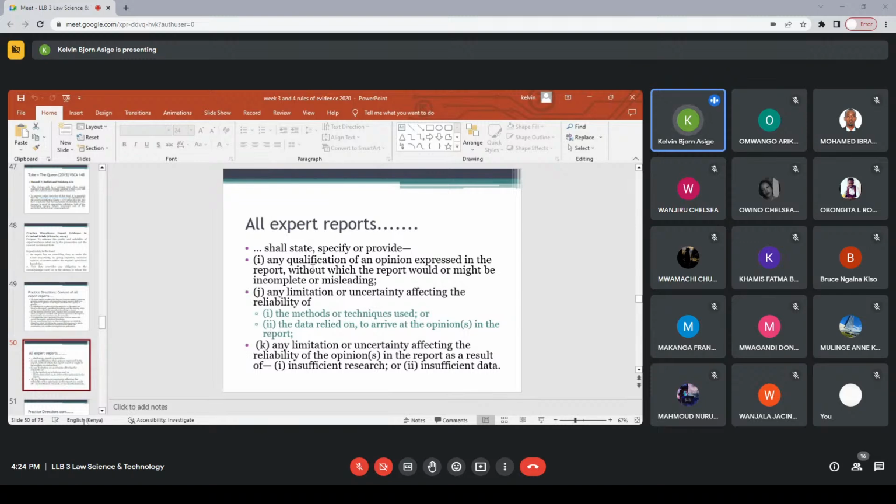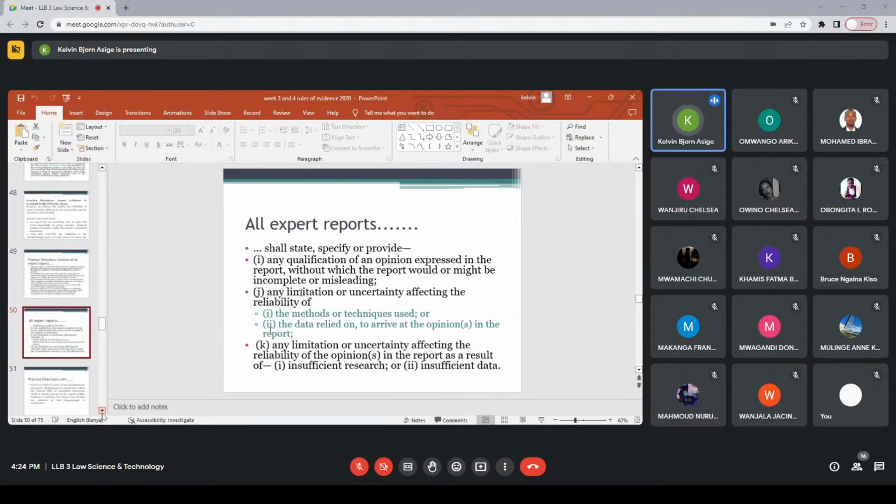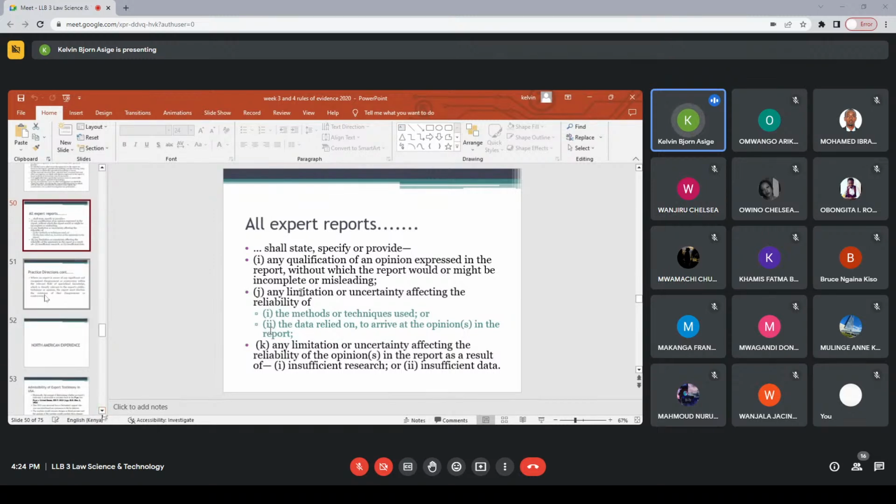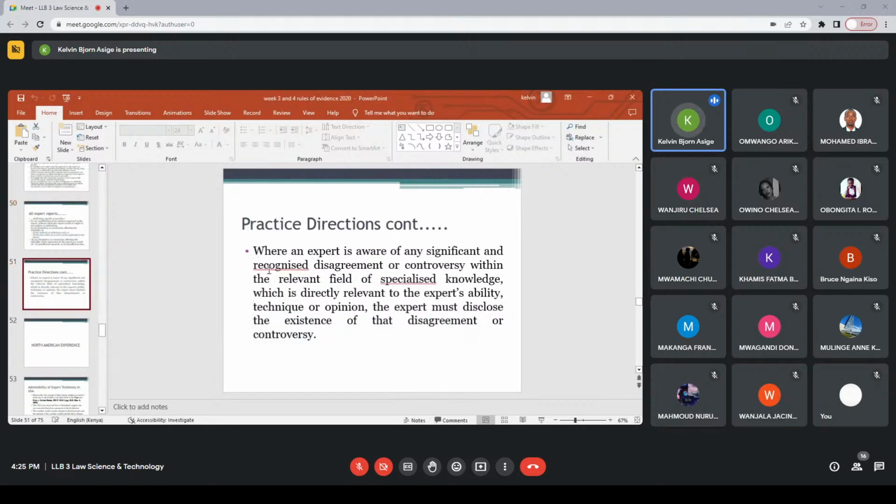It says that such a report must state any limitation or uncertainty affecting the reliability of the opinions in the report. For example, there's insufficient research in that area, or there's insufficient data in that area. All right. And finally, where an expert is aware of any significant and recognized disagreement or controversy within that relevant field, to the expert's ability, technique, or opinion, the expert must disclose the existence of that disagreement or controversy.